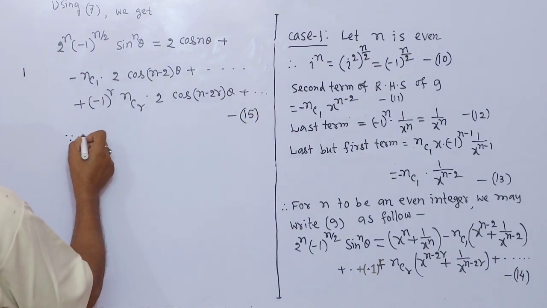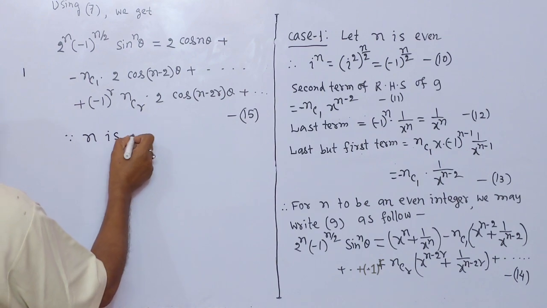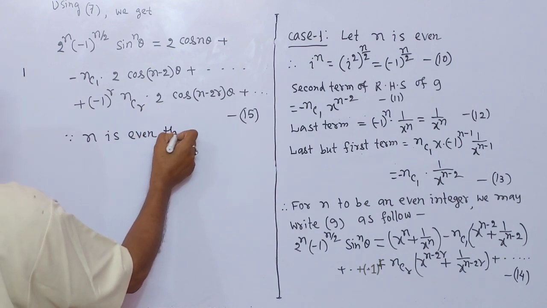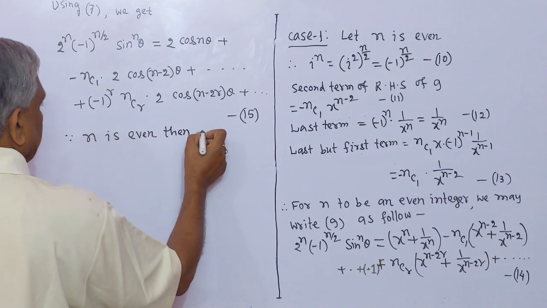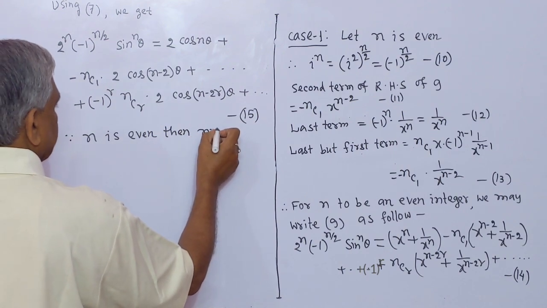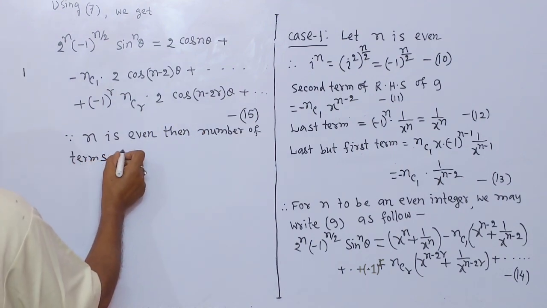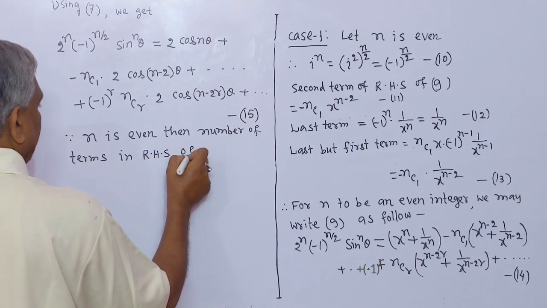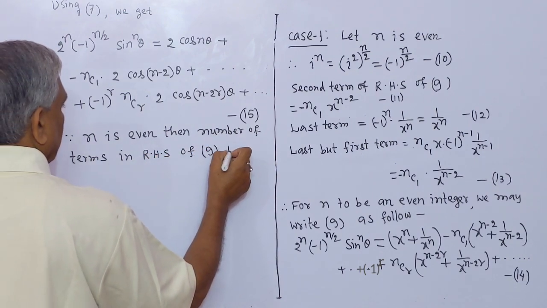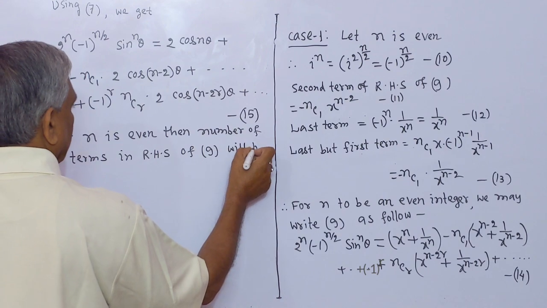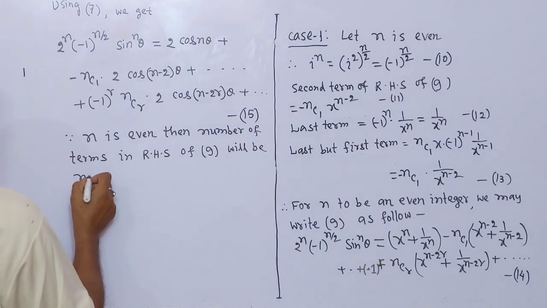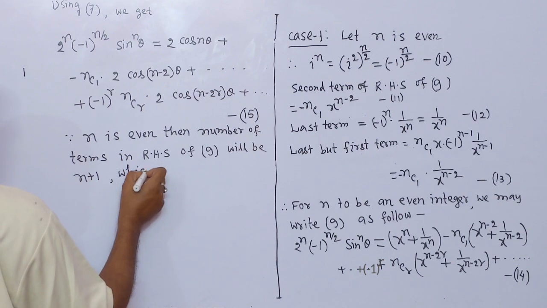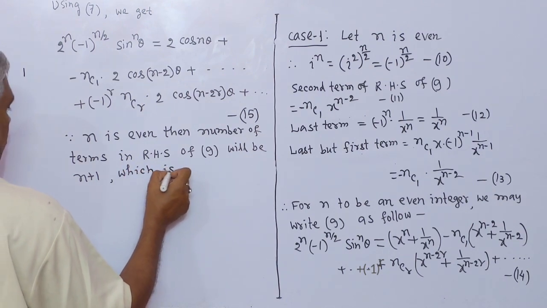Since n is even, the number of terms on the right side of 9 will be n plus 1, which is odd.